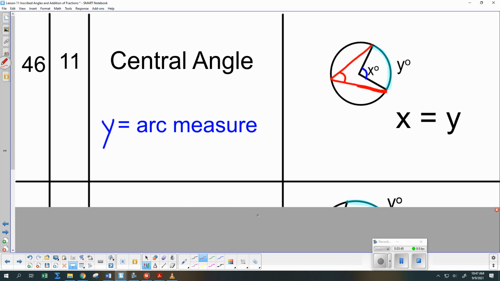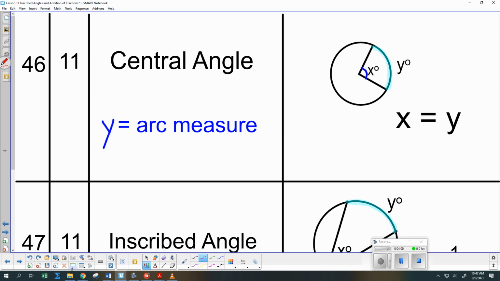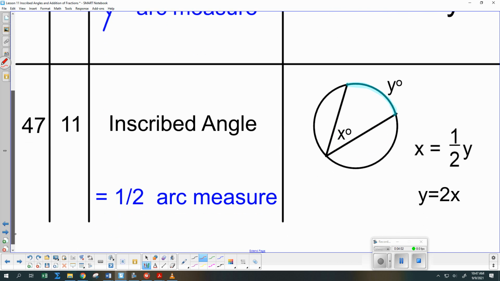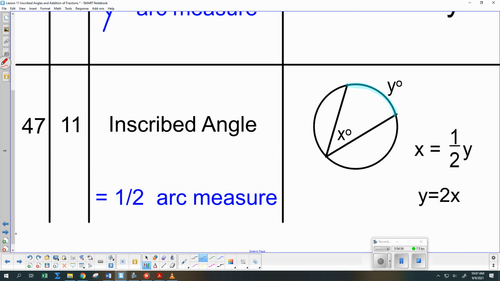The inscribed angle is always smaller than the central angle. So that inscribed angle has to have a smaller measure than Y. And specifically, if it is an inscribed angle, it is half of that arc.